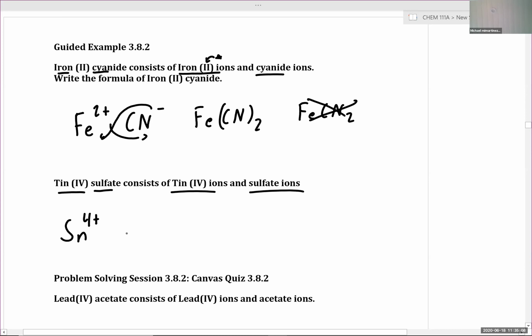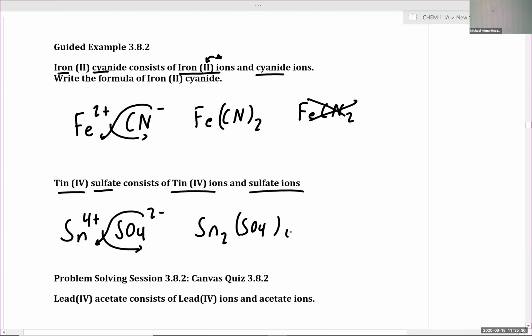Would someone like to provide me the formula and charge for sulfate? SO4 2-, exactly right.